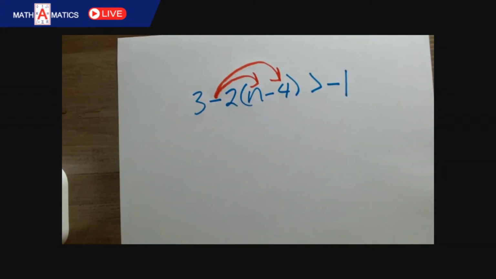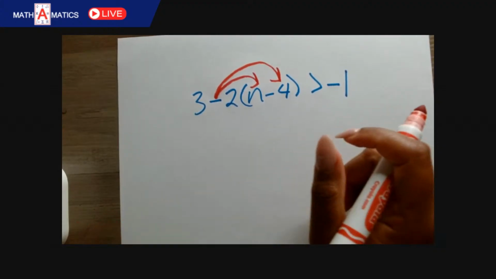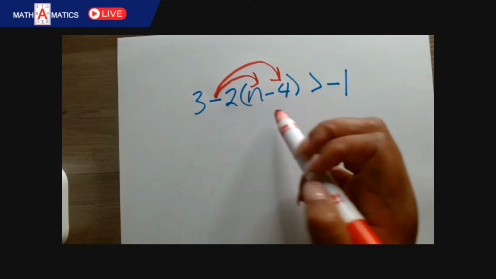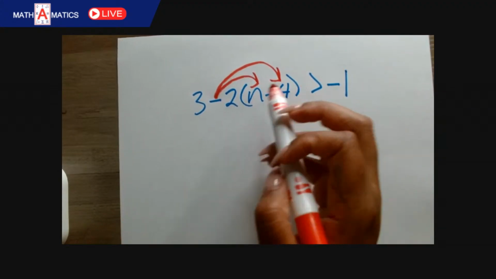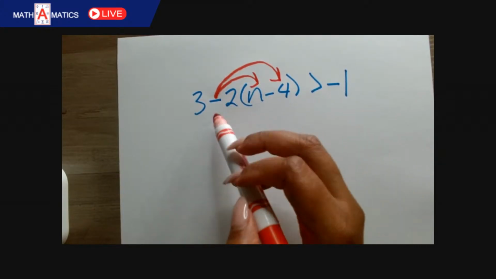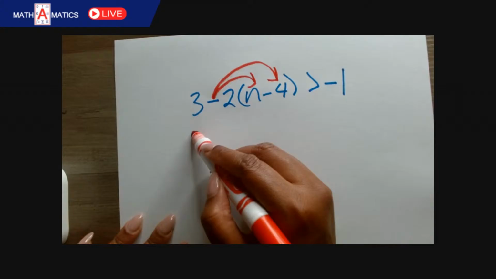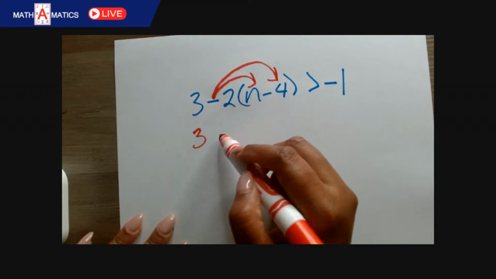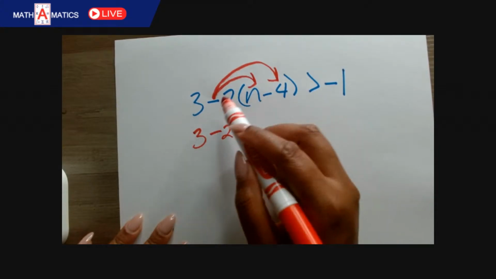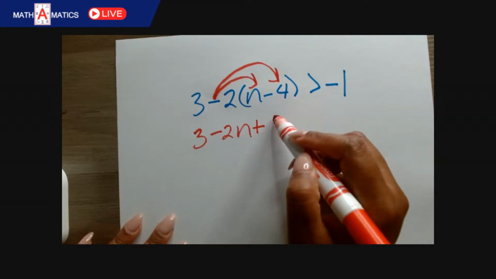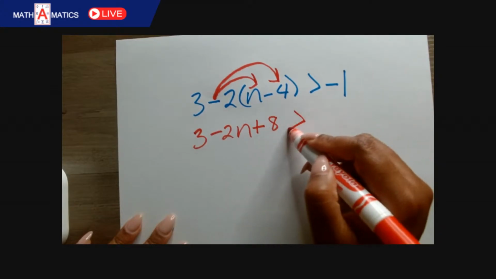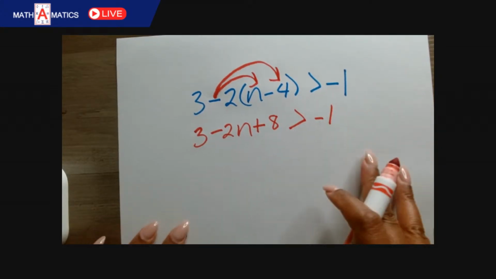And if you notice, we're still kind of following our order of operation rules since we are dealing with our parentheses first. That's why we're going to distribute this first here. So we will have 3 and now minus 2n and plus 8 is greater than -1.